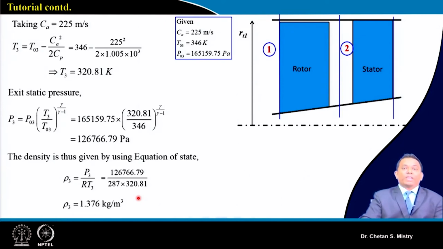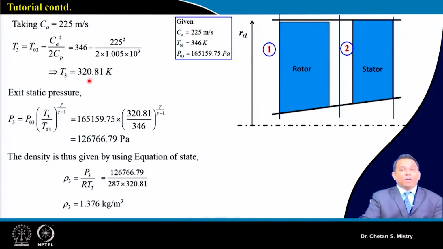So the absolute velocity at the exit, C3, is equal to the axial velocity, and we are assuming the axial velocity to be constant for this configuration. Putting in the numbers, the static temperature at the exit, station 3, comes to 320.81 Kelvin.